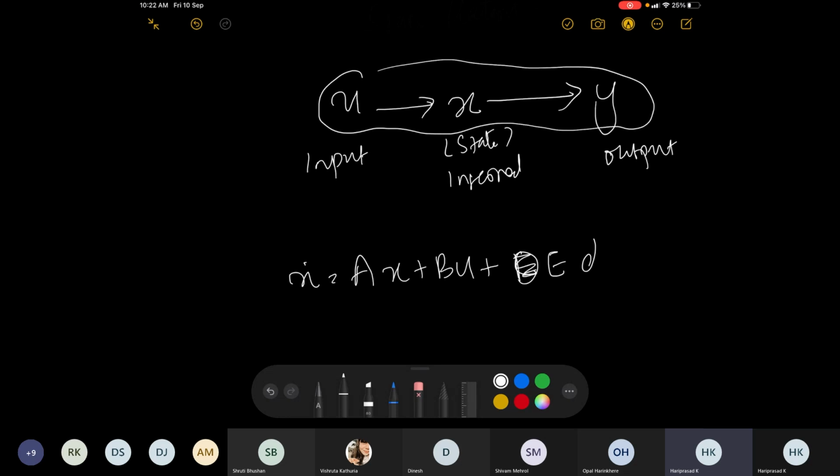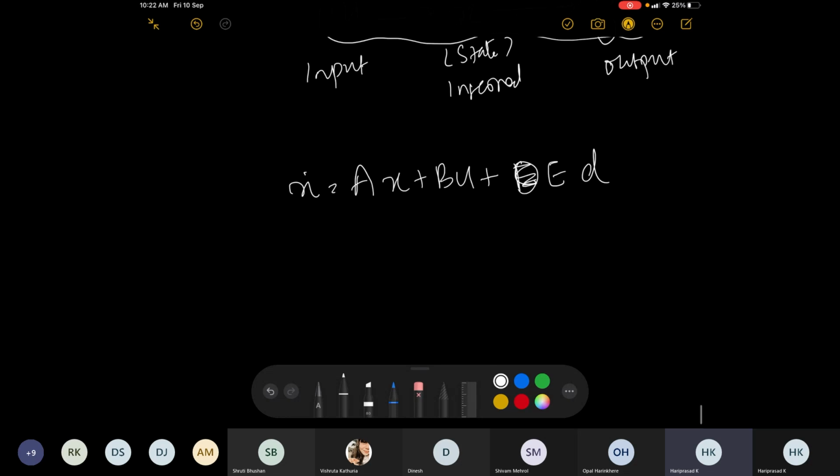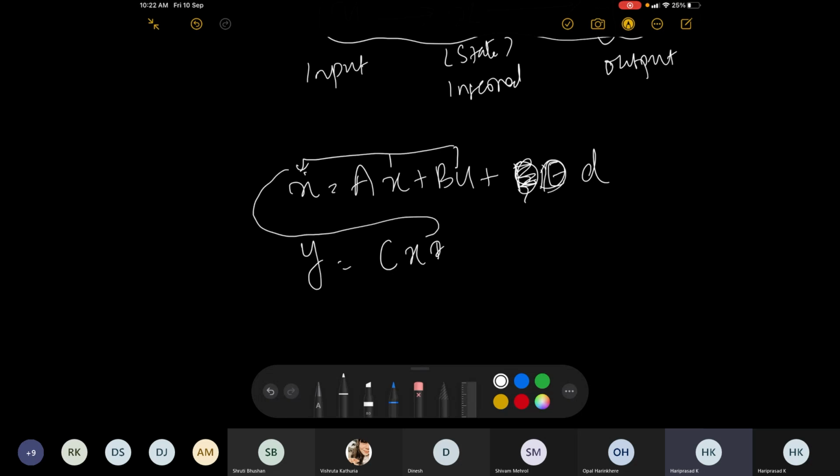I don't recall exactly what the term was, but y, of course, is equal to, yes, I think it is D maybe here, whichever. So you would see that the input and the previous state are affecting the current state, and that state is now affecting your output.